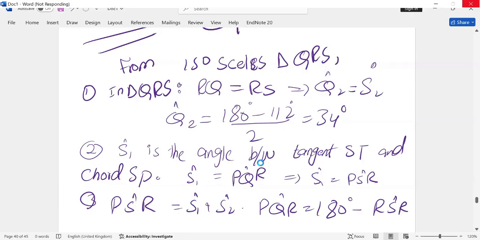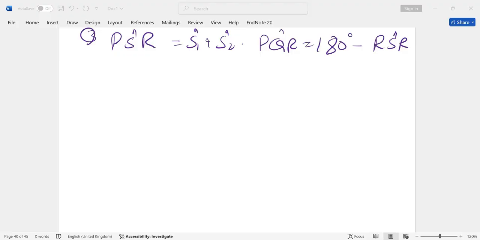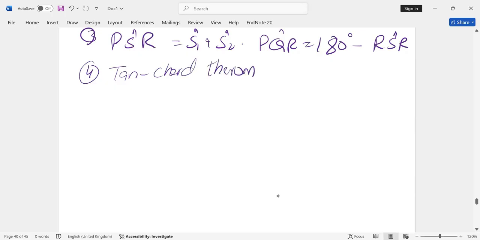So the fourth point is that in the theorem, we say T SQ equals to P. Okay, and we say that S1 equals Q1.